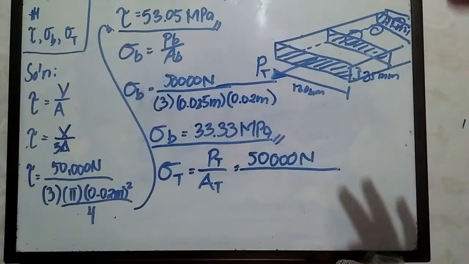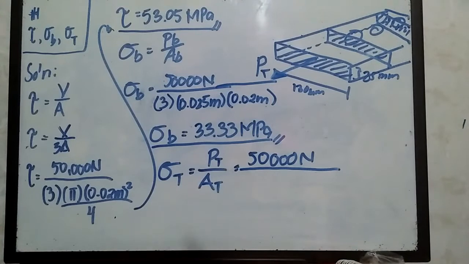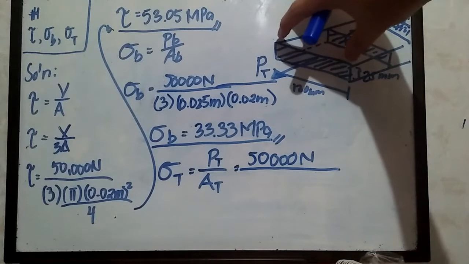But we have a rivet. We have three rivets, but the problem states that the force is evenly distributed throughout the three rivets. Meaning we need to subtract the diameter of the rivet from the length of this plate.